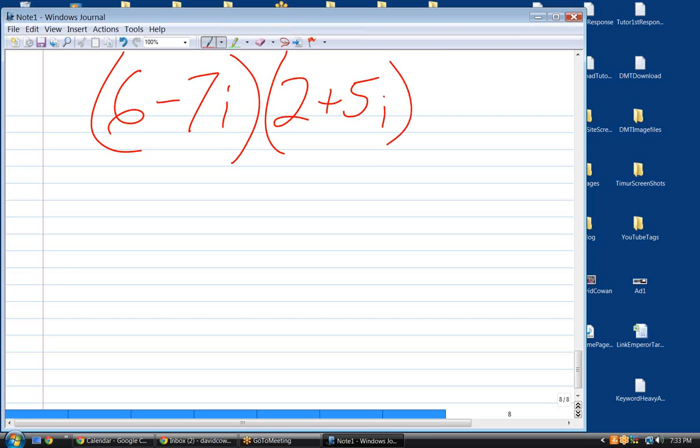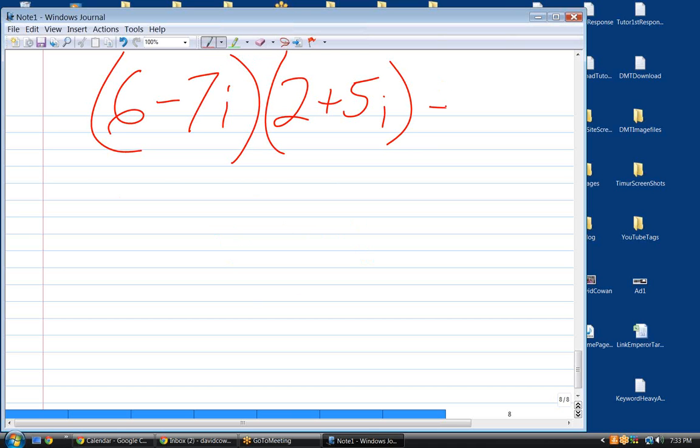So this is multiplying, adding, subtracting, and dividing complex numbers. Standard format of a complex number is a plus bi. Both of these are in standard format. A is 6, b is minus 7, a is 2, b is 5. To multiply them together, just FOIL them.